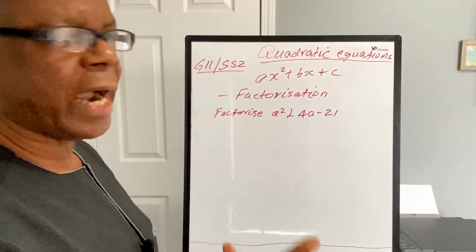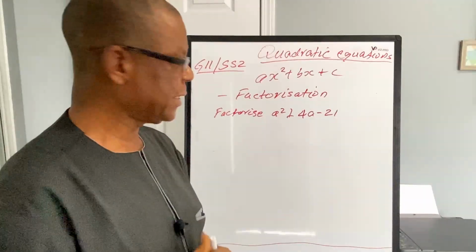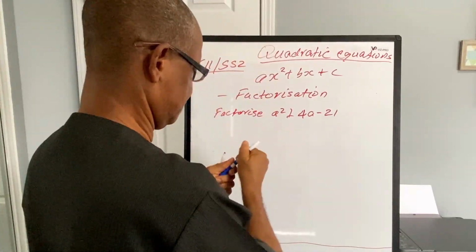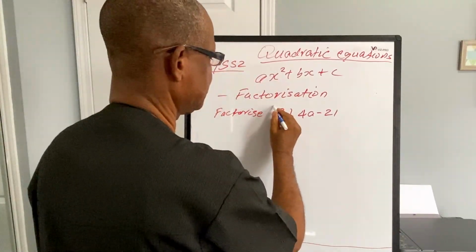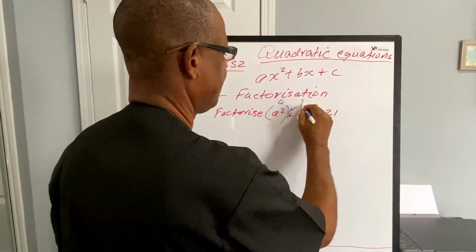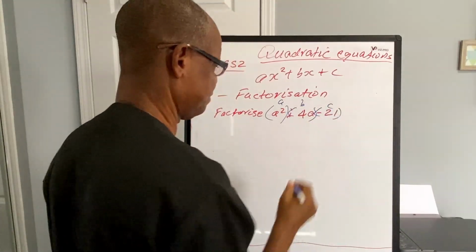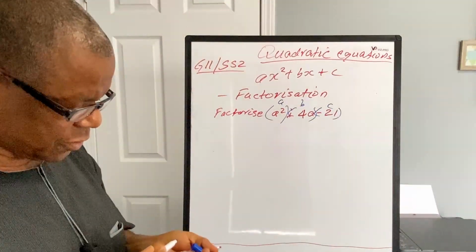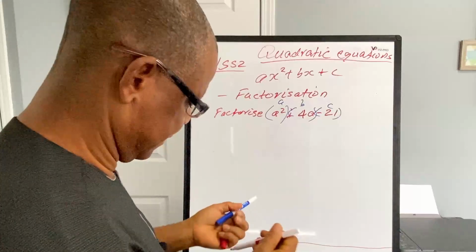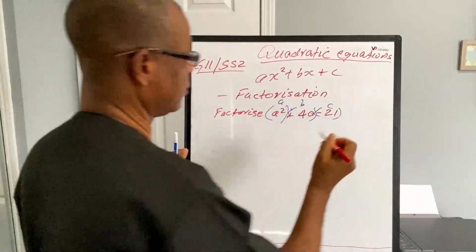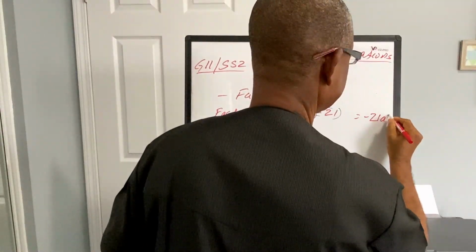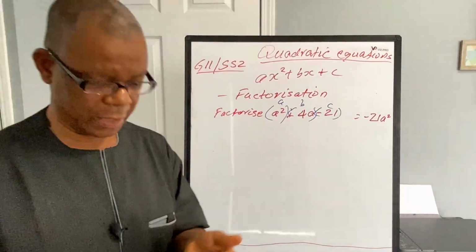In a quadratic equation, we have 3 components. This is component A, while this is B, and this is C. So what you do is to find the product of component A and component C. If you do that, we are now going to have minus 21a squared.